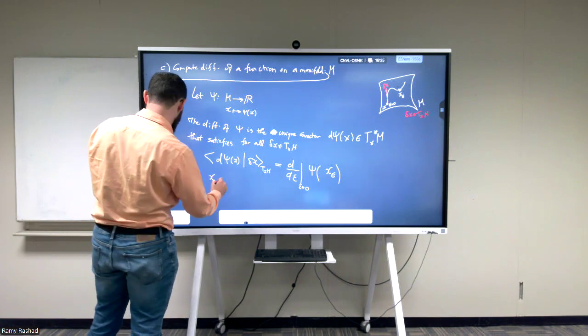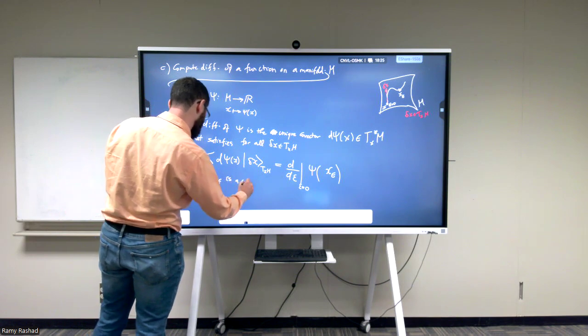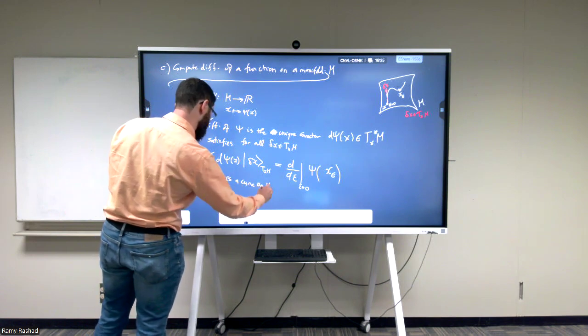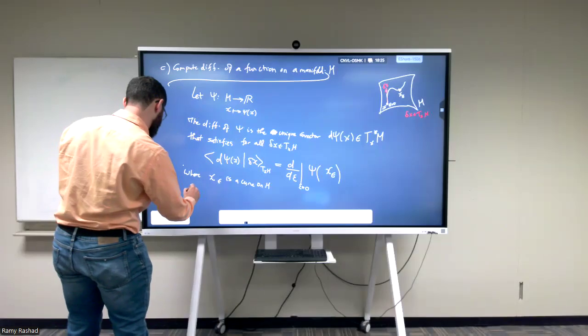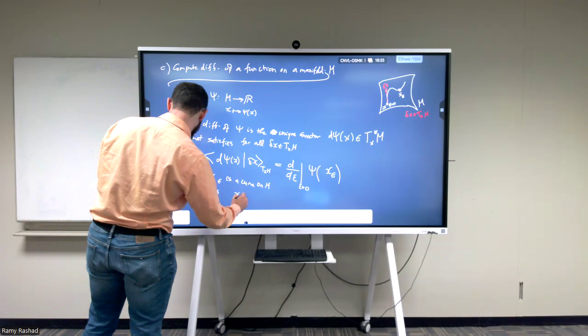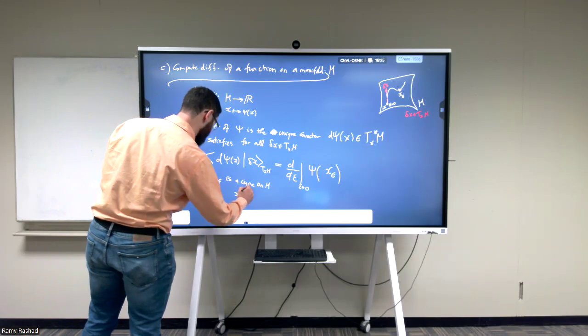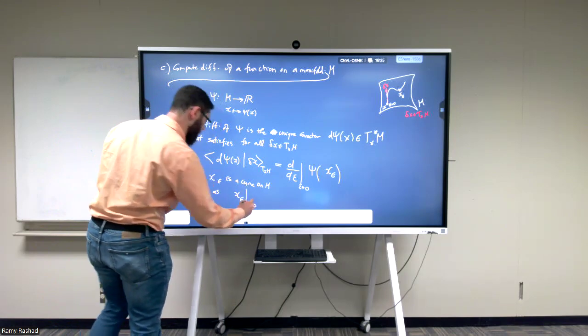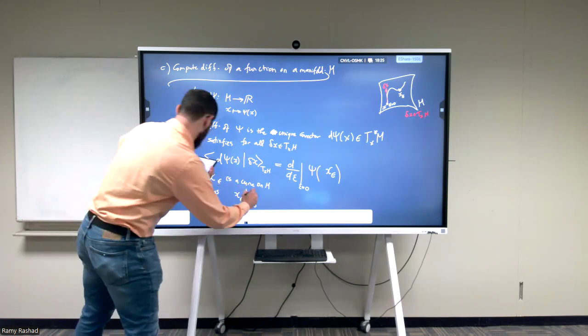So where x epsilon is a curve on M that's defined as follows: when I have this curve and I evaluate at epsilon equal to 0, what do I get?